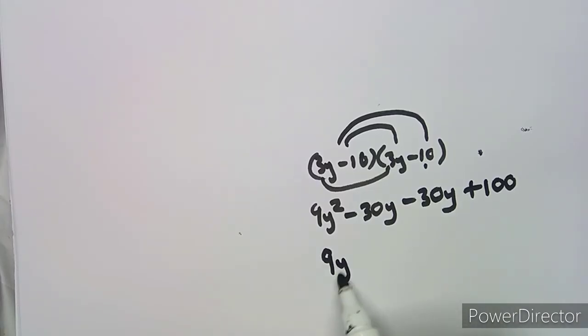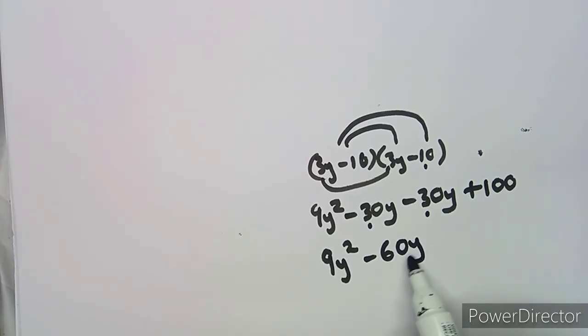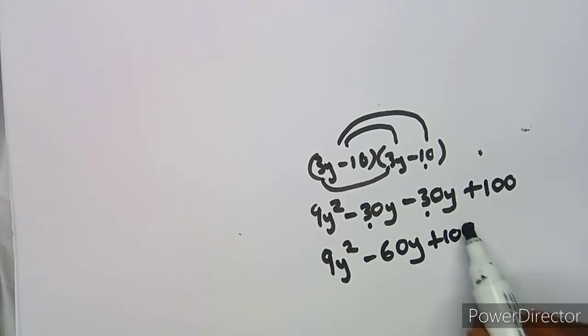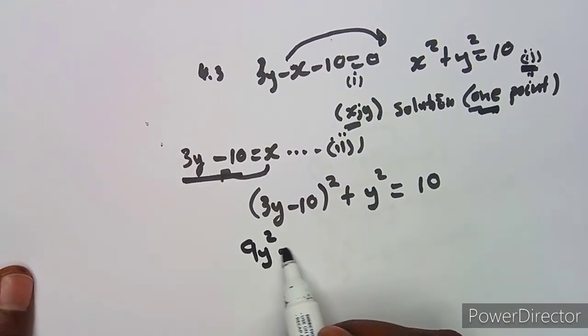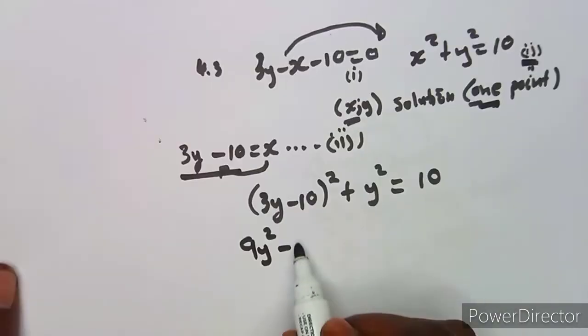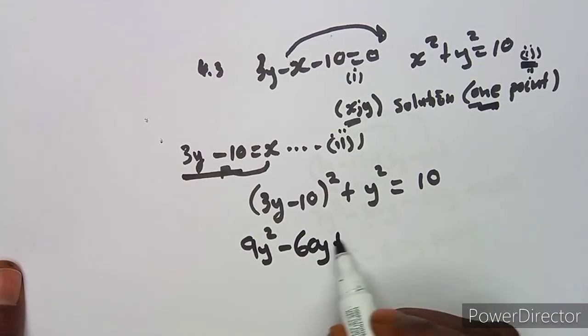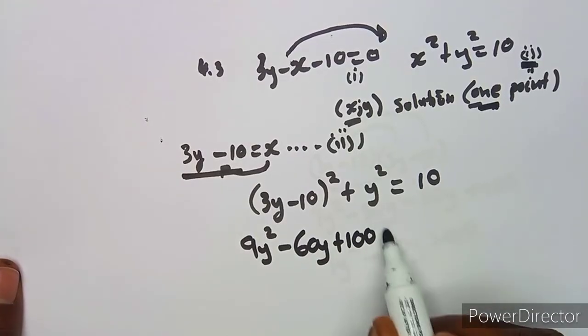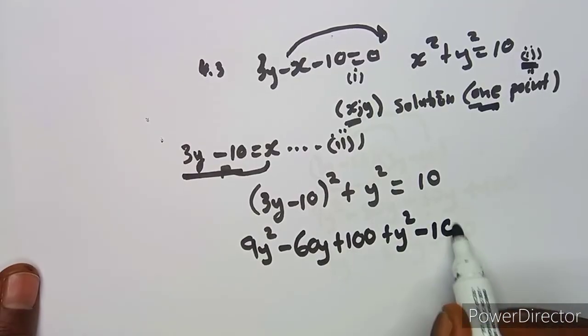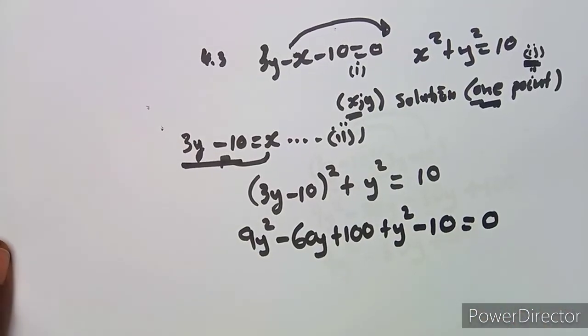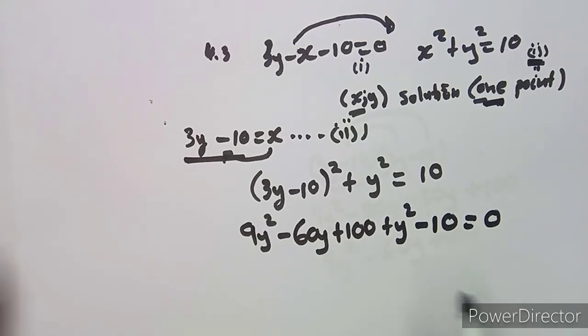So you are going to have 9y squared minus 60y plus 100, plus y squared, and transposing this 10 to this side, minus 10 is equal to 0. As you can see, we have formulated a quadratic equation.